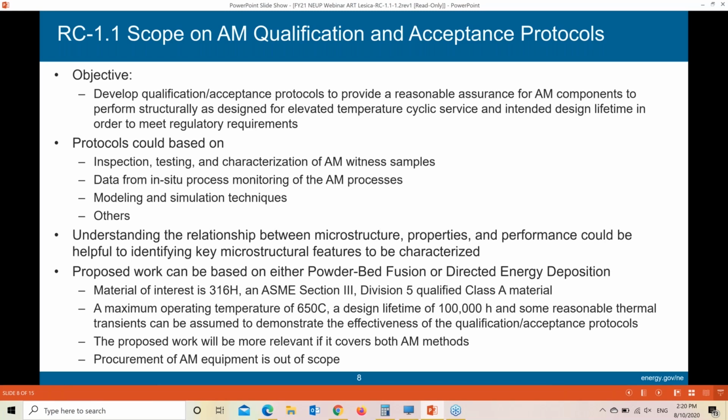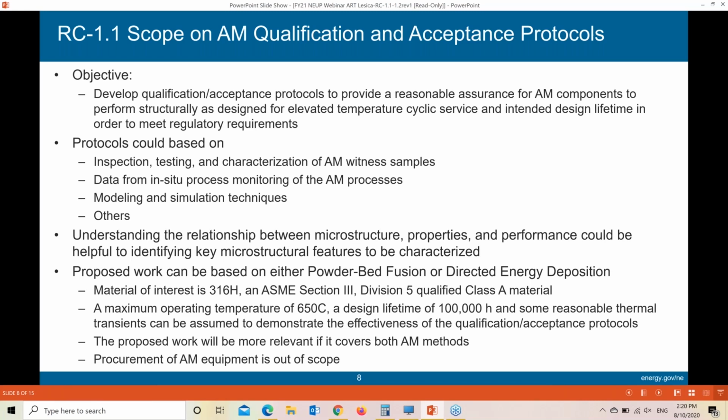That is the difficult part, the high temperature and time dependence of this type of application. How can we take relatively short-term inspections, characterizations, etc., to understand that the components will perform as we expect?